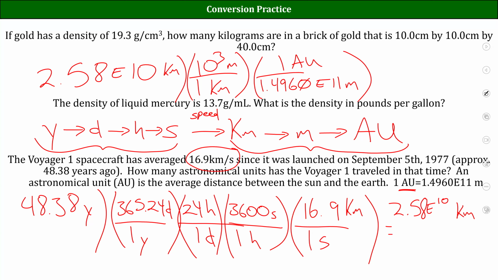Turns out space is really, really big. Even small distances in space, like the distance between the sun and the earth, is still really, really far by our standards. You get something like 100.